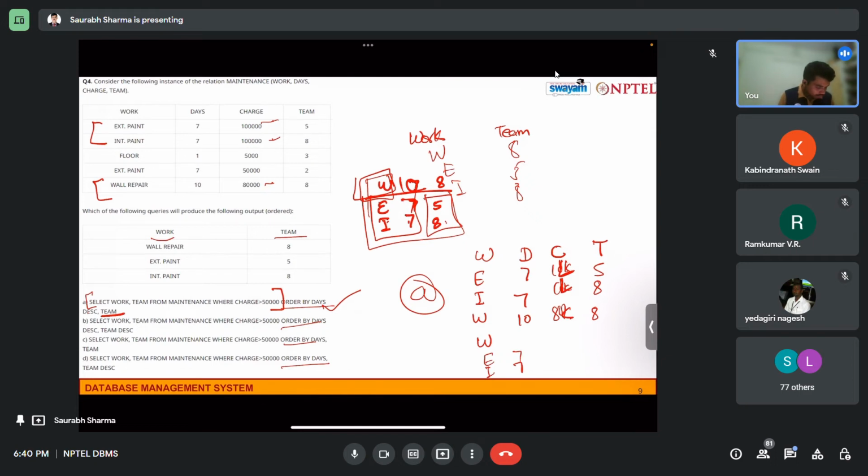In ascending order we have E with 5 and I with 8, so 5 comes first, then 8. So E, then I. What we get is W, E, I. So days in descending order, then team, produces the same result that we want. Okay, so the answer is A.